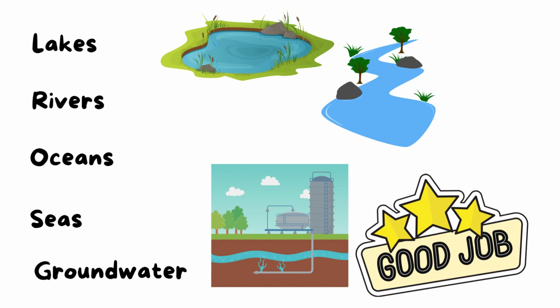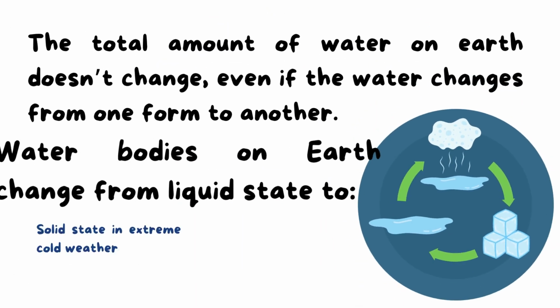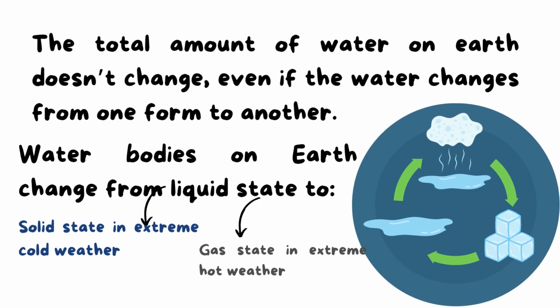I want you to know that the total amount of water on Earth doesn't change, even when water changes state from ice to liquid or to gas. What is the meaning of water bodies? Yes, the water sources, whether it is a sea or ocean or river. So this is a water body.